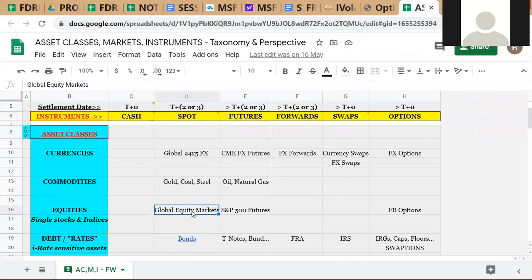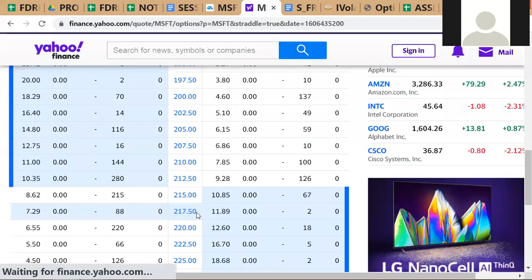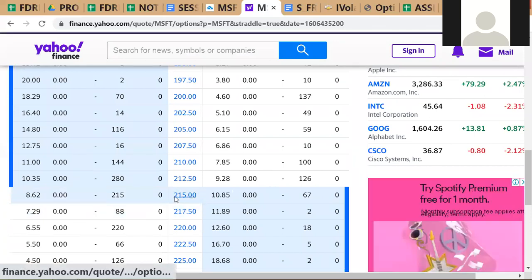Now you're operating at the intersection of options and equities. So these are equity option markets that you're dealing with. You're looking at 20 equity option markets. In terms of who writes these options, this is just like any market. In equity options also you have market makers.